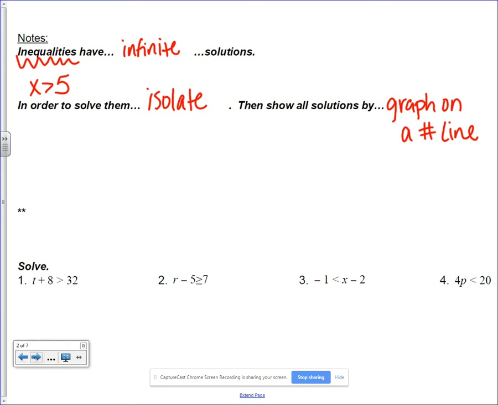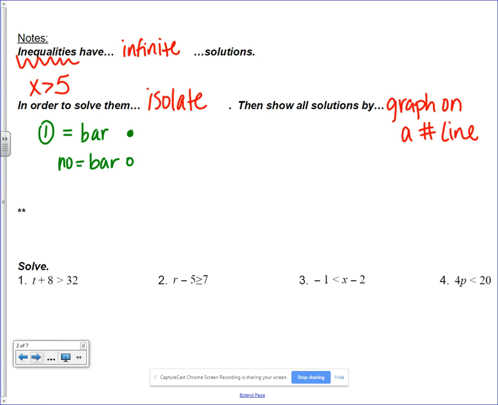A couple of things that we need to make note of. First thing is, if there's an equals bar, it is going to be a closed circle. If there is no equals bar, it is going to be an open circle. The closed circle for the equals bar means you can include that number.